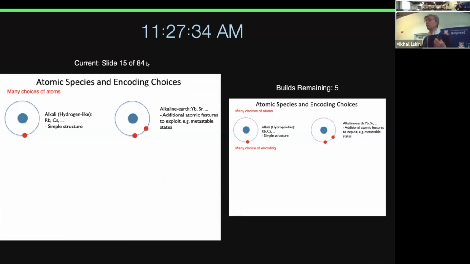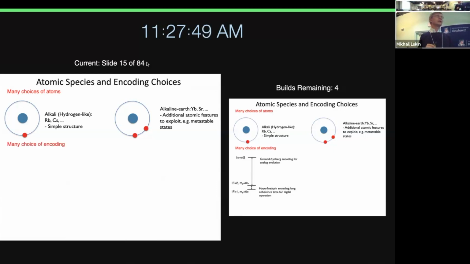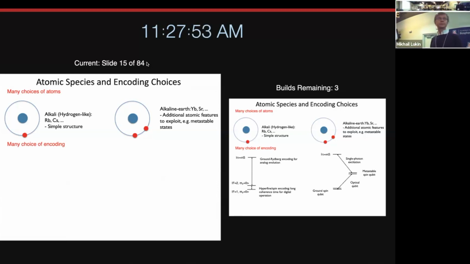Rubidium-87, as was already indicated, is a very good choice, for multiple reasons, and we can discuss why. But there are also a few experiments now utilizing alkaline earth atoms like ytterbium and strontium.